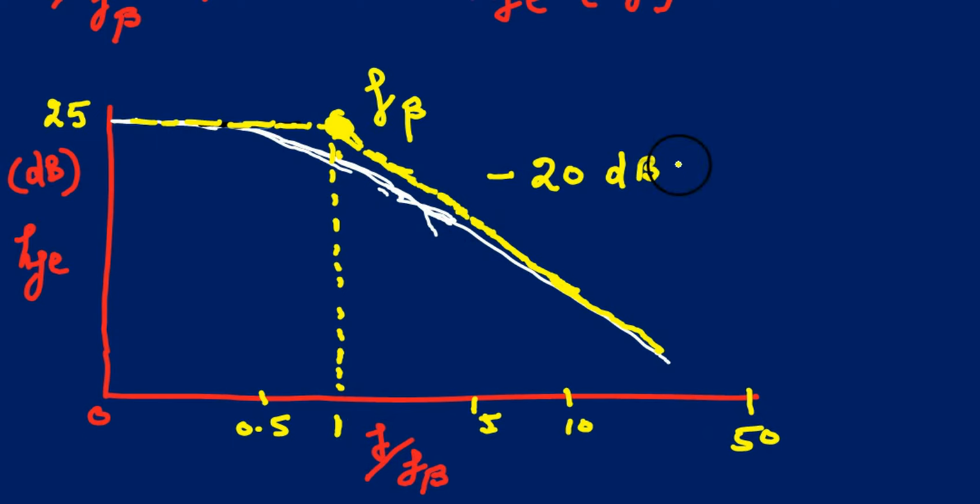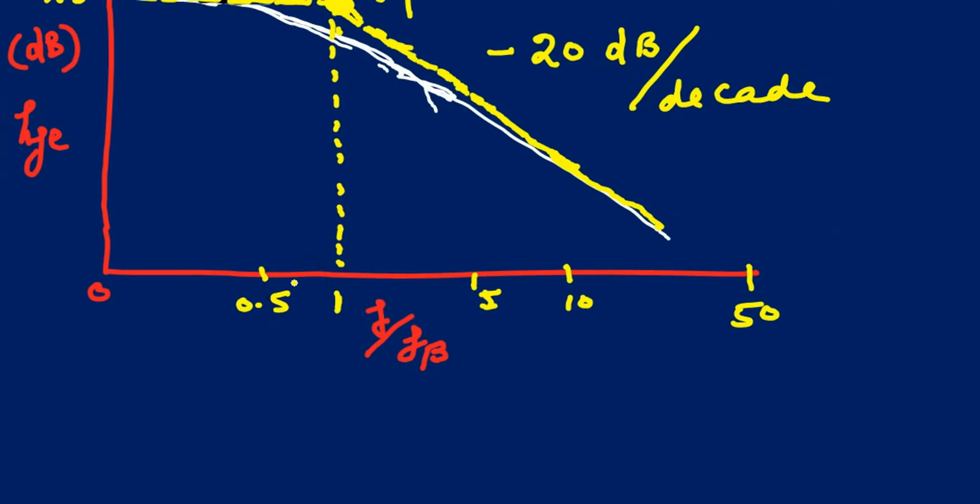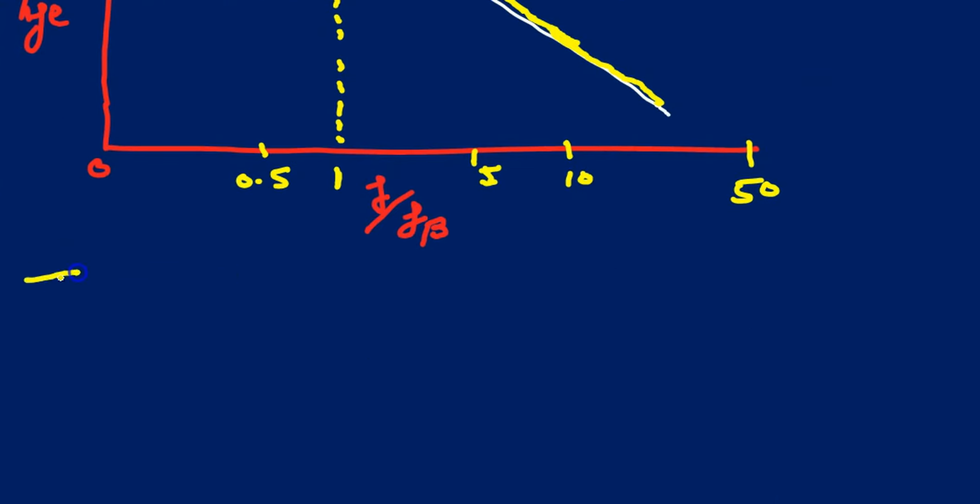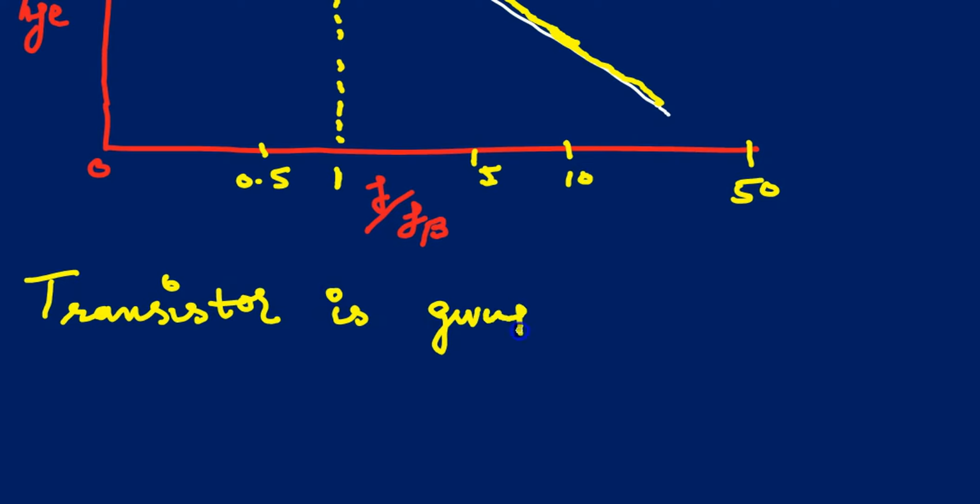Here the decay is minus 20 decibel per decade. Decade means frequencies in multiples of 10. So for 1 decade, the HFE comes down by 20 decibel.